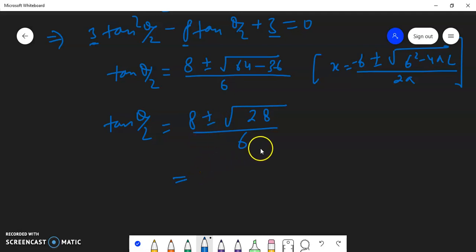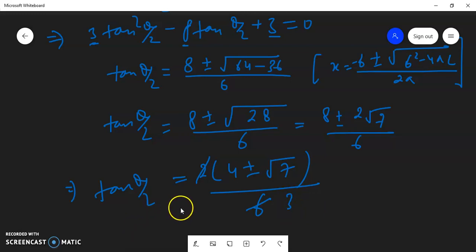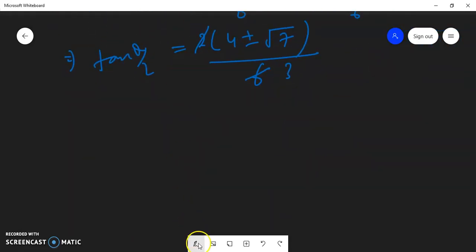So 8 plus minus 2 square root 7 by 6, which can be written as 2 common, 4 plus minus square root of 7 by 6. So by 6 comes 3. So we're getting the value of tan theta by 2.